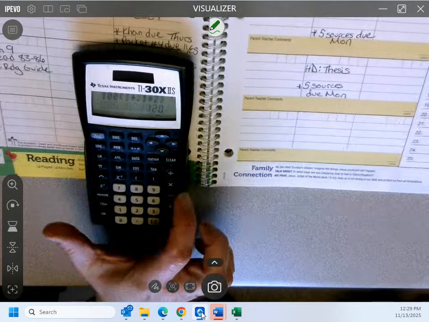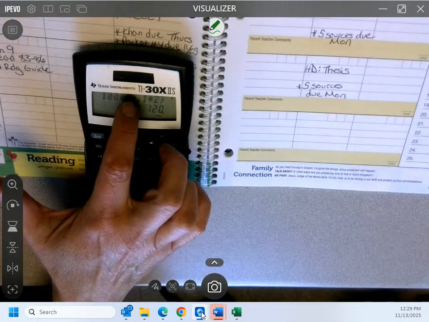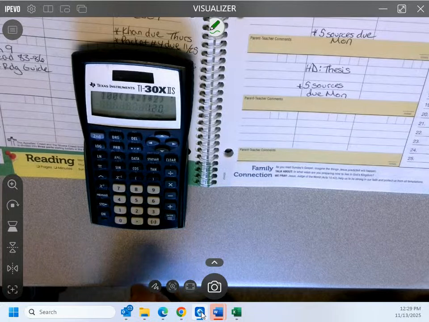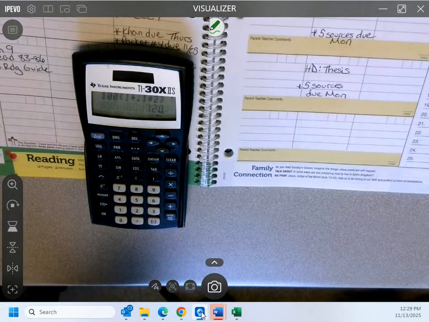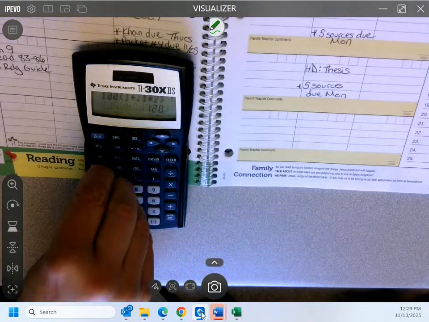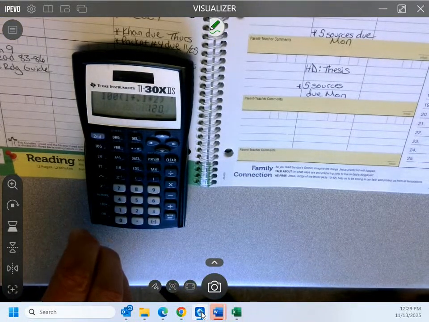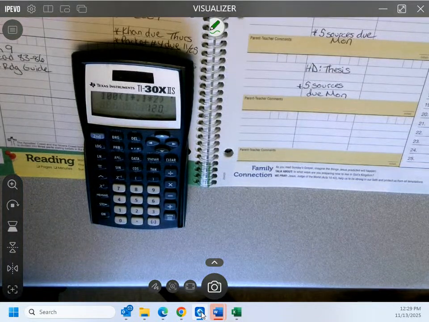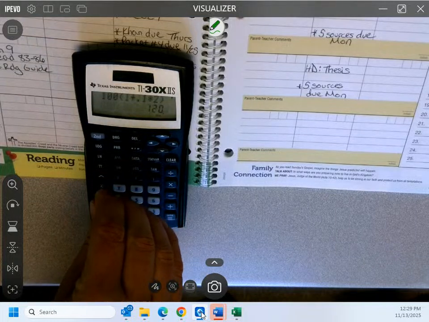So you don't have to do, oh, I've got to multiply, and then I have to add, and then I have to multiply. Write the calculation out on your paper so you know exactly what you have to put where you're putting it onto your calculator. Does that make sense? You truly have to write that calculation out on the paper first. Make sure you have everything in the correct spot, then put it into your calculator.